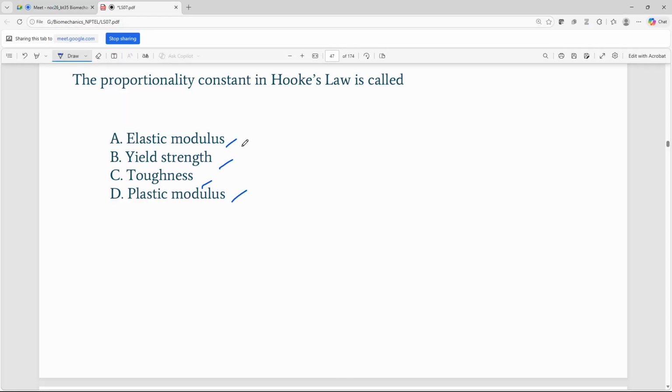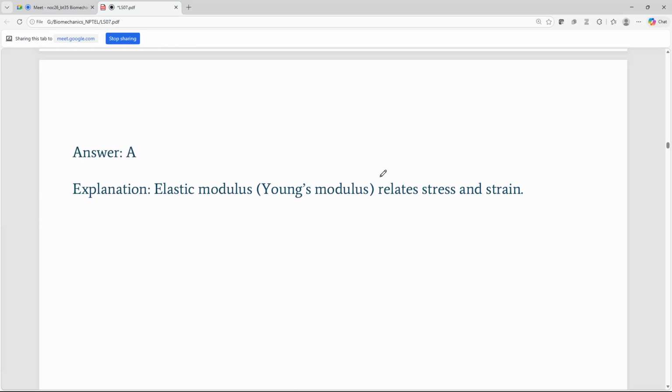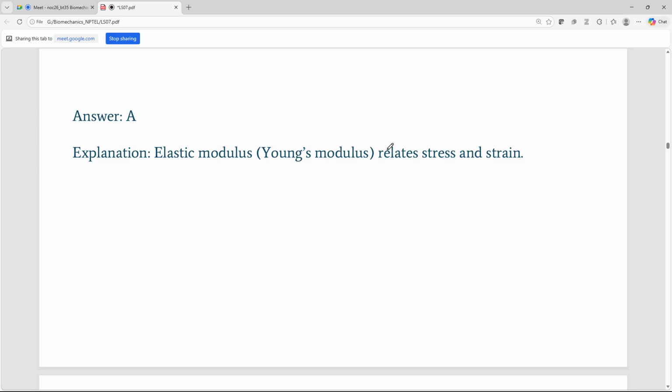Right answer option A, elastic modulus, also known as Young's modulus. The constant in Hooke's law is known as Young's modulus or elastic modulus, which gives the proportionality between stress and strain.